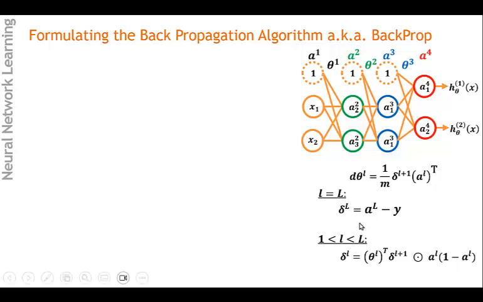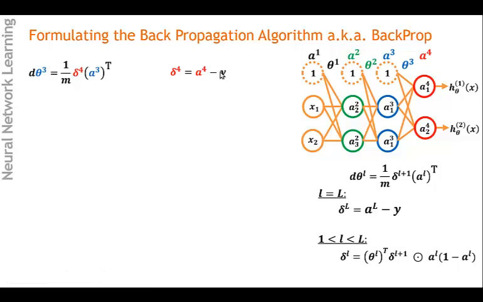Now, in between, you have this formula, so let's see how the formula works. Okay, so delta 4 was A4 minus Y. You can obtain that because A4 are the outputs of the neural network and Y is the prediction.